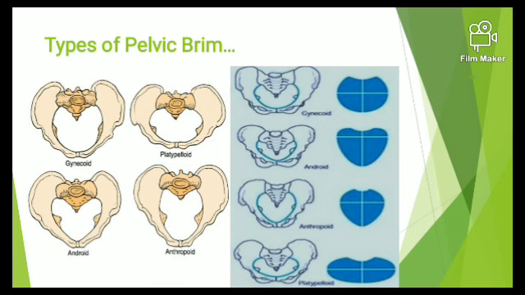Again there will be an obstruction for the baby to pass. So these three types, android, anthropoid and platypelloid, are not capable of normal delivery. The one mainly possible for normal delivery is the gynecoid type. The name itself says gynecoid, that is, I am permitting you for the natural process of delivery.